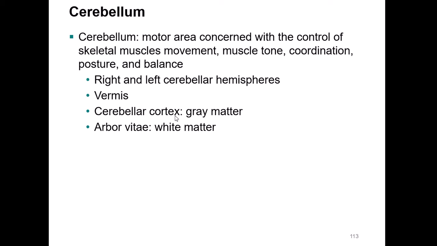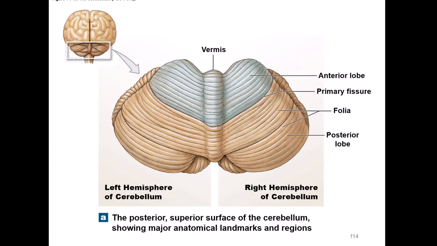If you cut the cerebellum in half and you looked at it from the inside, you would see some white matter that has the shape or the branching of a tree. We call that the arbor vitae. And then the gray matter that would be on the arbor vitae, we call the cerebellar cortex. Right? That would be the more superficial part. And those are the parts of the brain, the diencephalon, the brainstem, and the cerebellum.